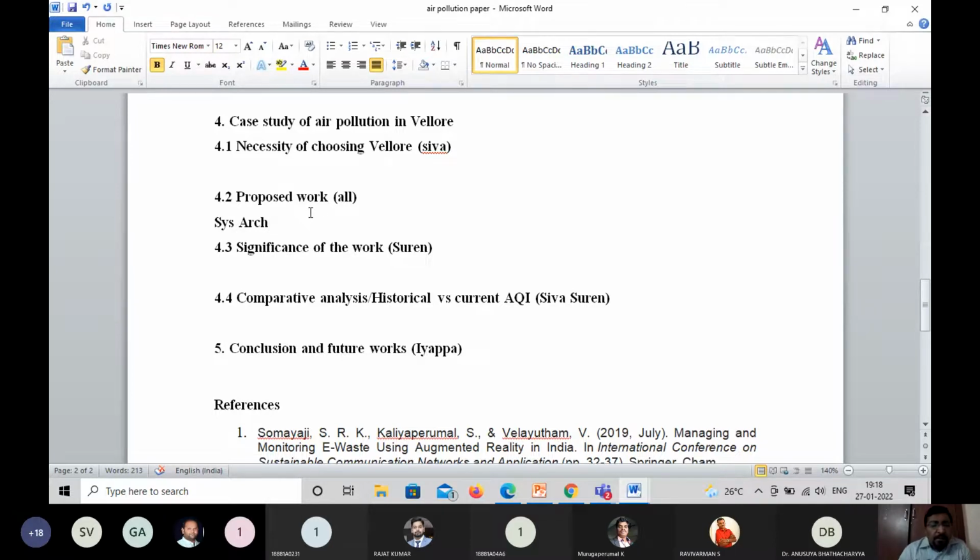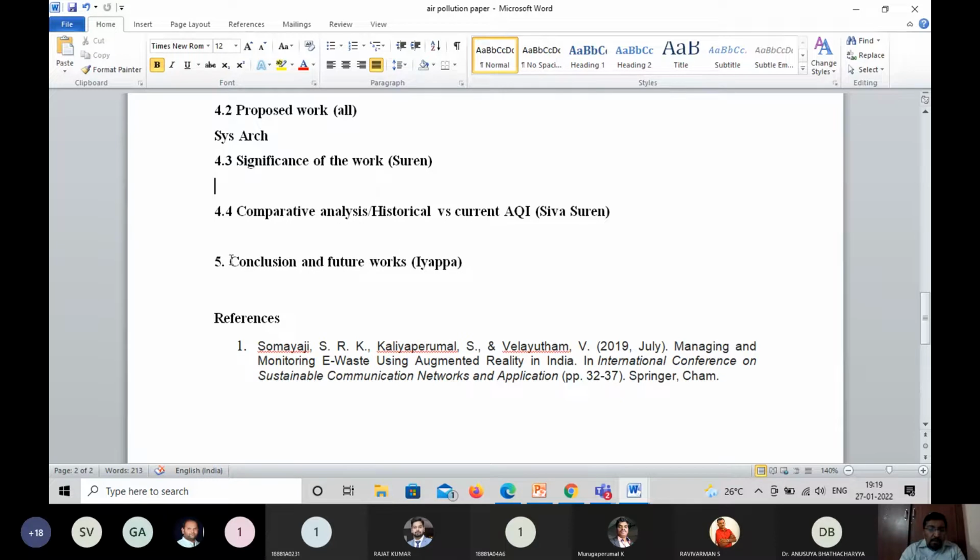And then once you write all your result analysis, another important point which is lagging is the significance of the work. After you write the result analysis, what could be the importance of this particular study or proposal? We need to highlight that again as pointers.